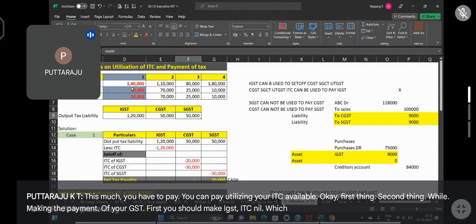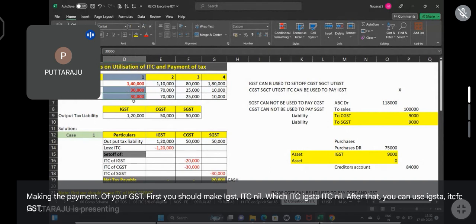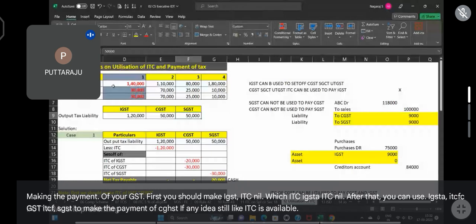Which ITC? IGST ITC nil. After that, you can use IGST ITC, CGST ITC, SGST ITC to make the payment of CGST, SGST. If any IGST ITC is available, first you should make that IGST ITC 0.